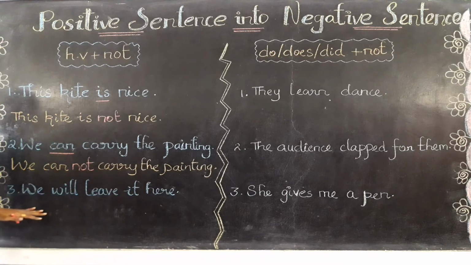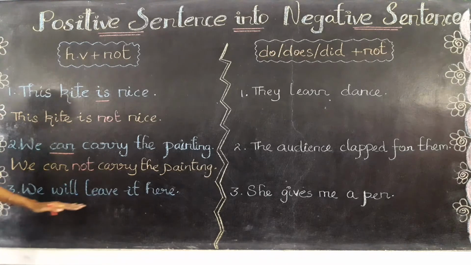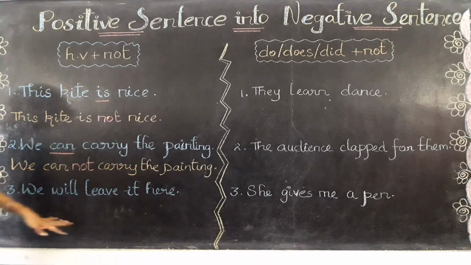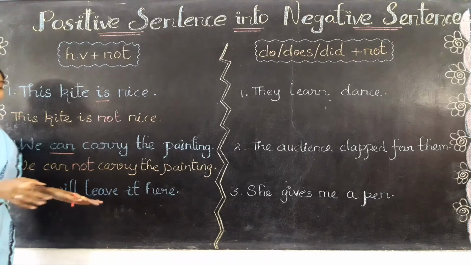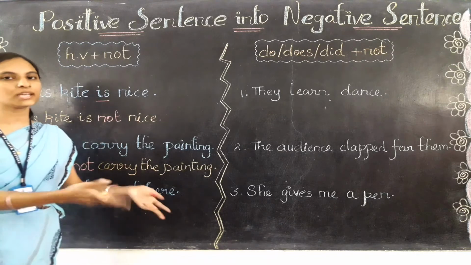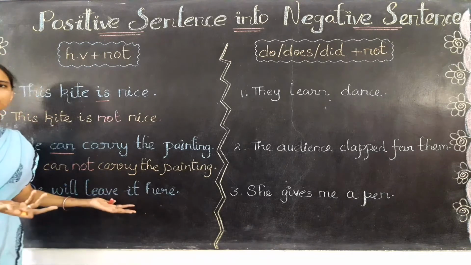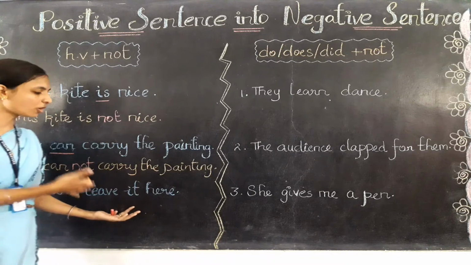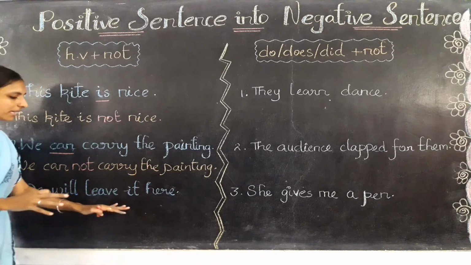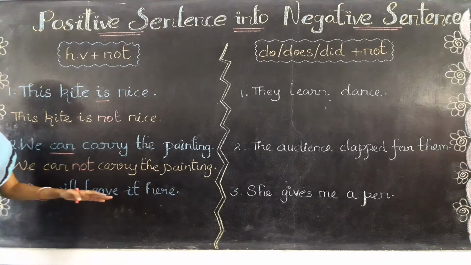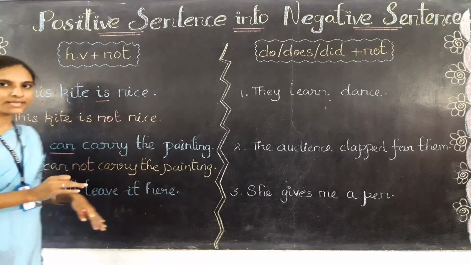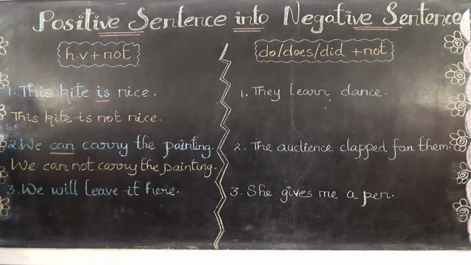Okay, let's go for the third one: we will leave it here. We leave it here, meaning we will put it here and go. It refers to something; they didn't talk about which object, they simply referred to it. Can you find the helping verb?